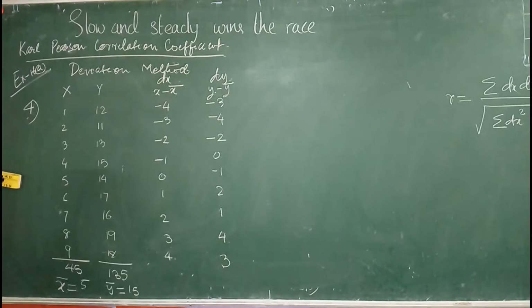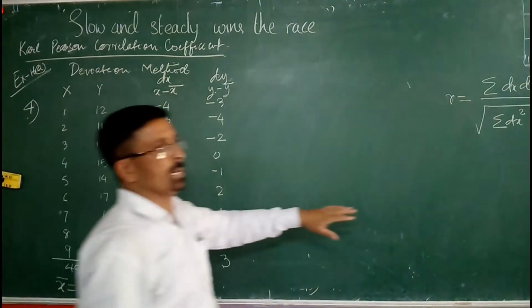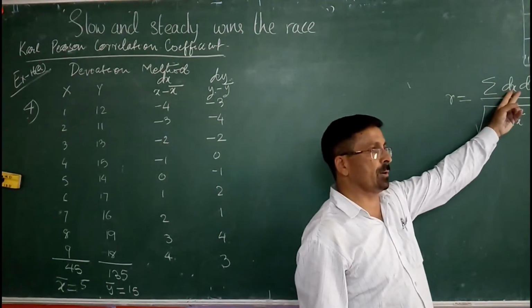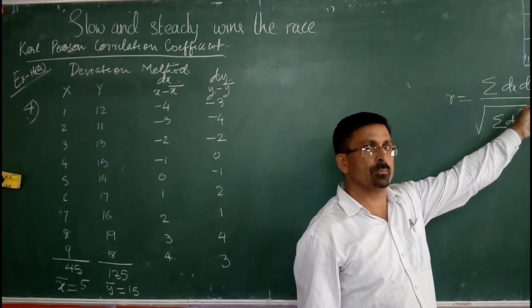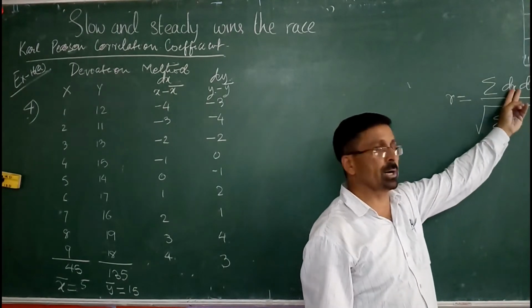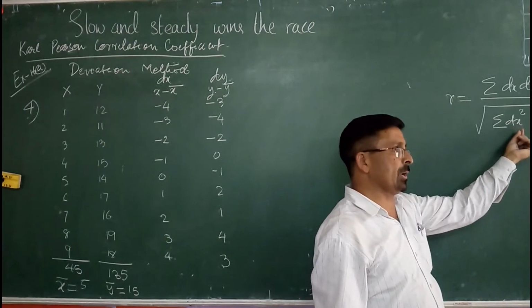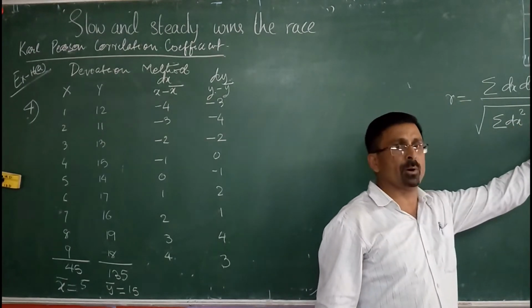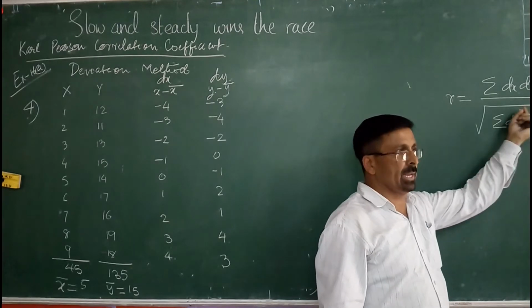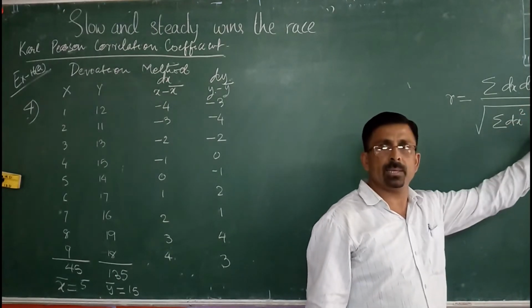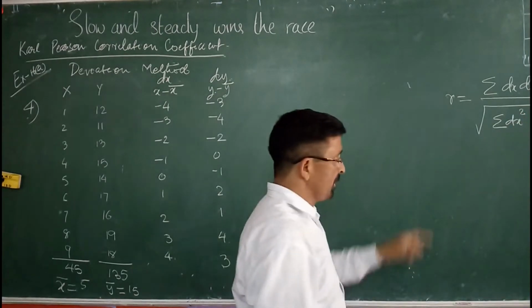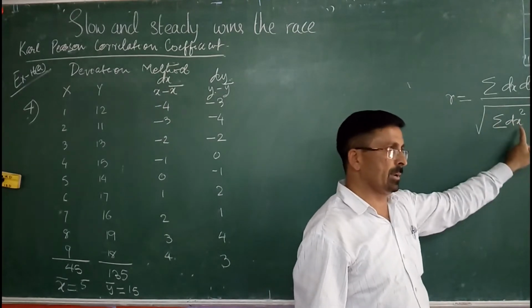Now the demand of the formula is that we need the product of dx and dy, so we will create one column for the product of dx and dy. And similarly, we need a column for dx square and a column for dy square, so that we can have the sum of all the dx square and the sum of all the dy square.